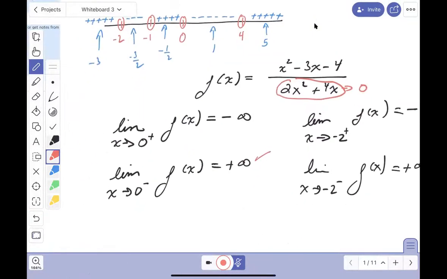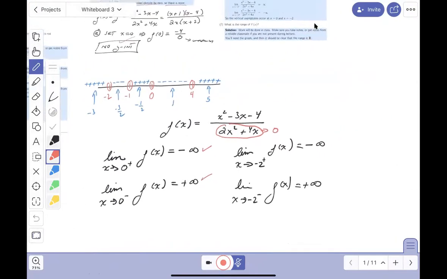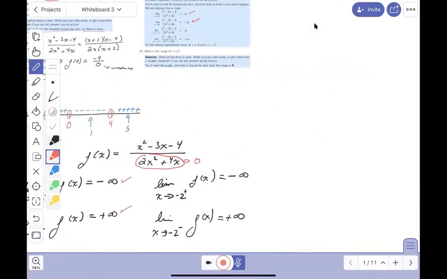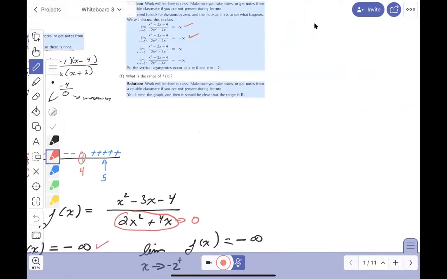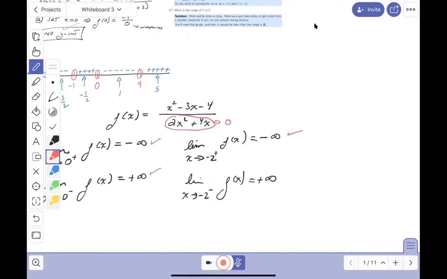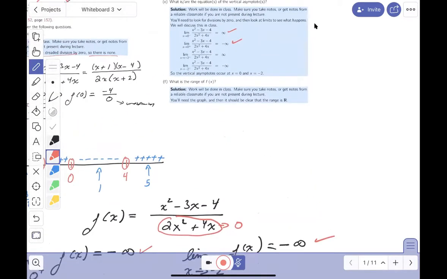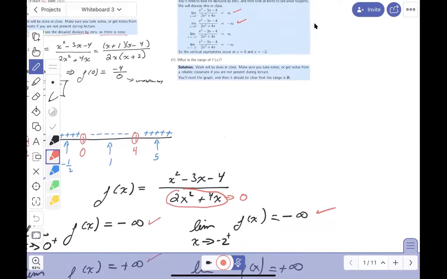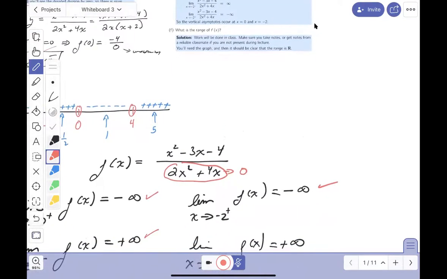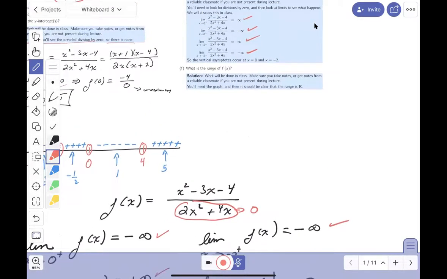I said that too. We'll go to the picture later, by the way. Then let's look at this. It says, as you approach -2 from the left, it says -infinity. Let me show you that. Whoops, I think I made a mistake. Oh, I'm sorry, I looked at the wrong one. -2 from the right is minus infinity, and this one says -2 from the left is +infinity.